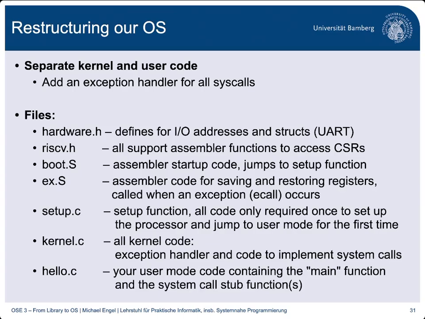I'm not going into details here, but we just mention that we try to structure our code in useful ways, to separate functions like startup code, exception handler assembler code, setup code, kernel code, and of course our user mode application into separate source files, to have a cleaner structure of our code.